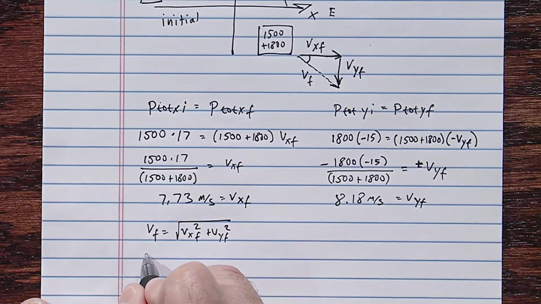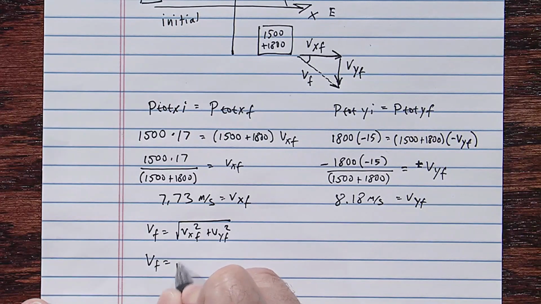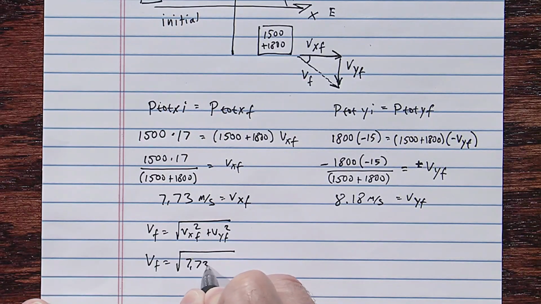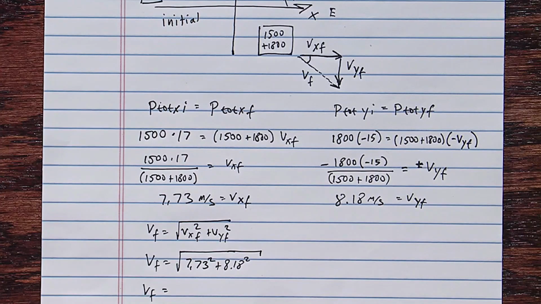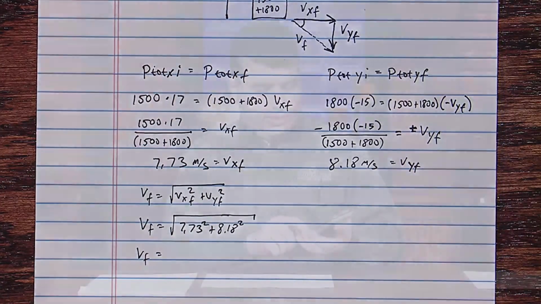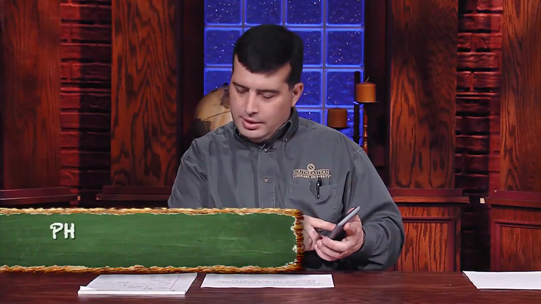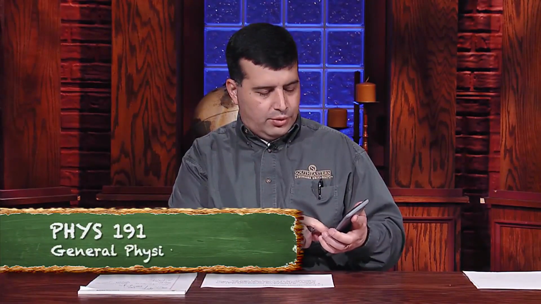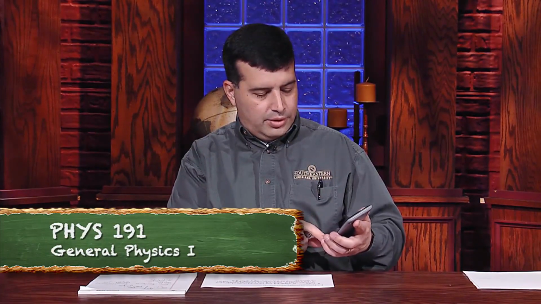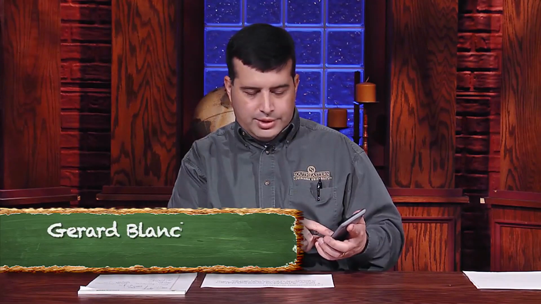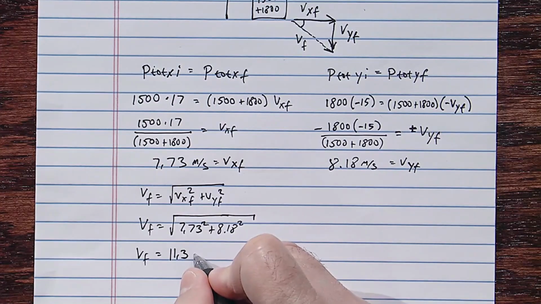And so that would be V final is equal to the square root of 7.73 squared plus 8.18 squared, which gives us a V final of 11.3 meters per second.